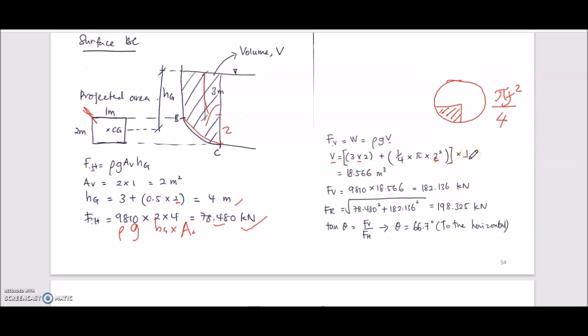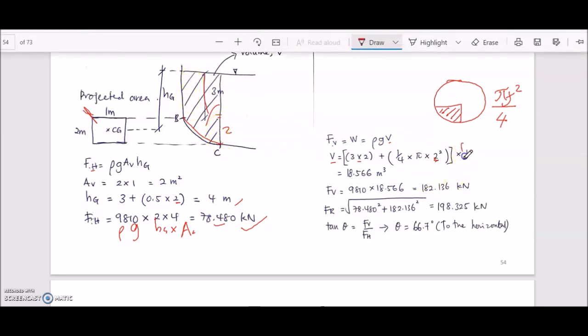For the volume, we know that this is the area, and then we multiply by the depth. So we can get the volume. The width b is 1, so we get the volume.